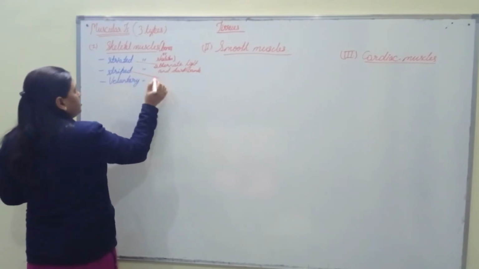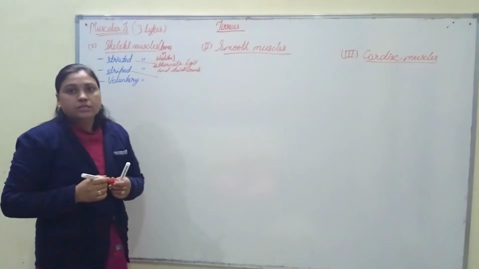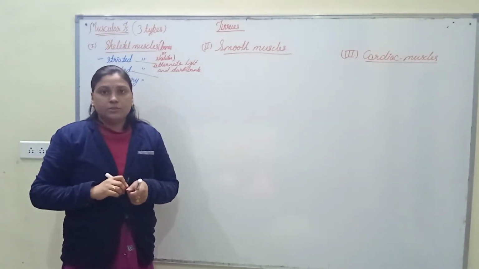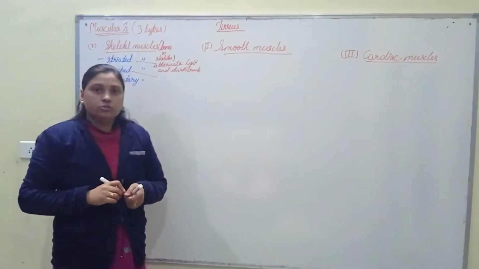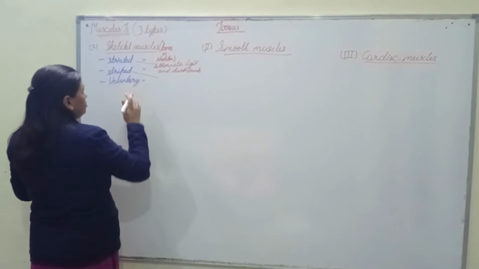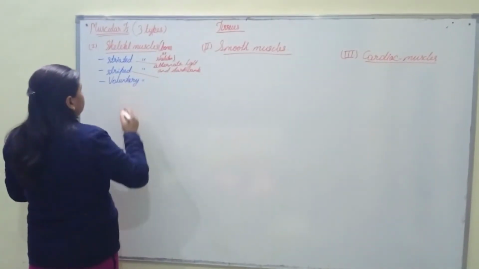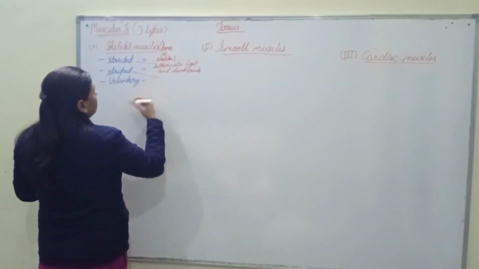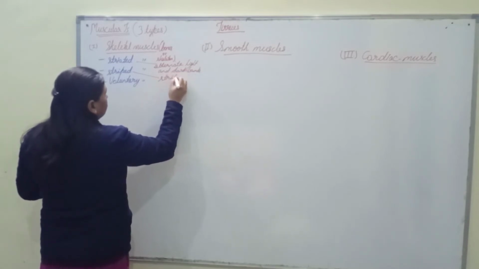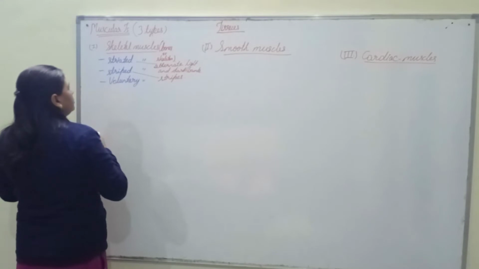And this striped, we might have seen a zebra. In a zebra there are stripes, white and black stripes are present. Similarly, here, because of the presence of stripes, these are known as striped muscles.